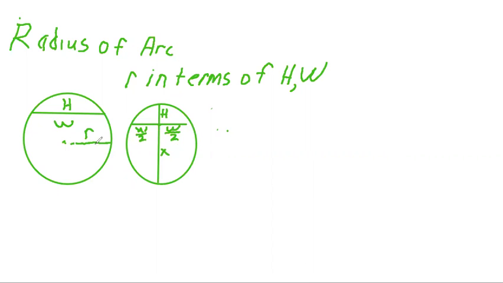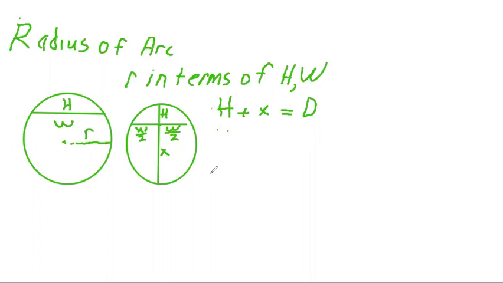You'll notice that the radius is somewhere in here, but we don't really need to locate it to determine this proof, because we know that H plus X is going to be a diameter. Let's write that down. Okay, so H plus X is equal to the diameter. Equal to D, we'll call it D, right? Okay.